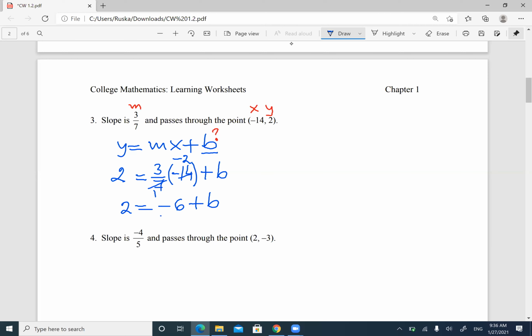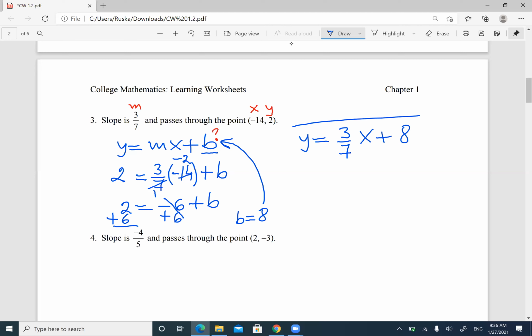Add 6 to both sides to get b by itself. So b equals 8. After you find b, you put it back, and the equation becomes y equals 3/7 x plus 8. So this is my answer for this one.